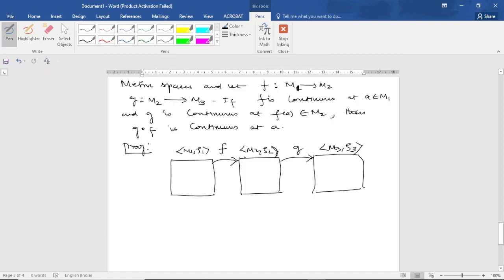Now for the range of f, we assume that the domains of f and g are all of m1 and m2 respectively. So the domain of g is the full m2, and that is what we assume here.